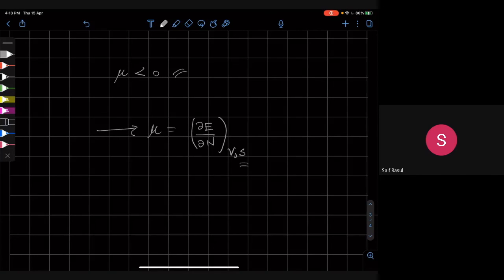And therefore, we would be increasing the entropy when we add particles. But if we are constrained to keep the entropy constant while adding particles, what we have to do is lower the energy. And that's why the chemical potential is negative. So that's what this equation means, okay? Because we have to keep S constant. All right?